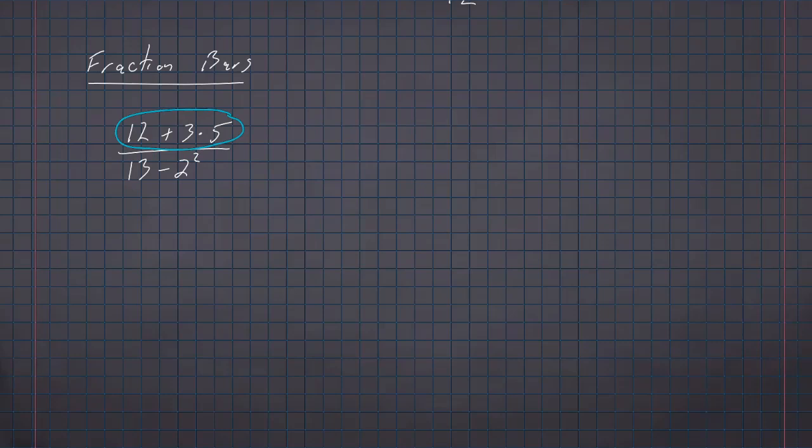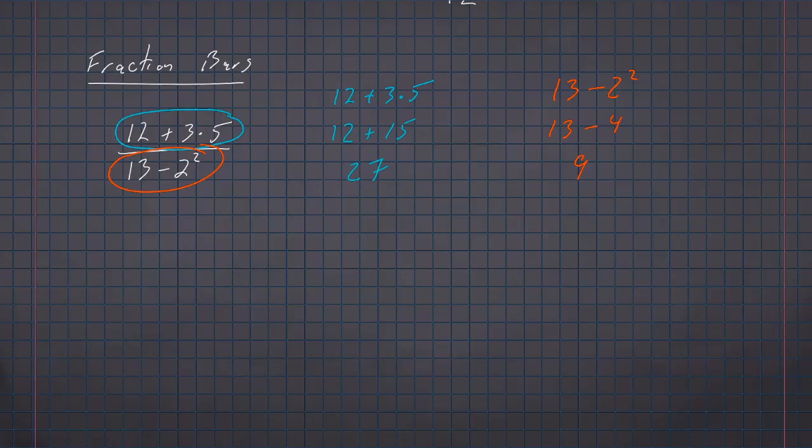Well, by following the order of operations, what we have to do is look at the numerator, the top of the fraction, and evaluate that. Look at the bottom of the fraction and evaluate that.